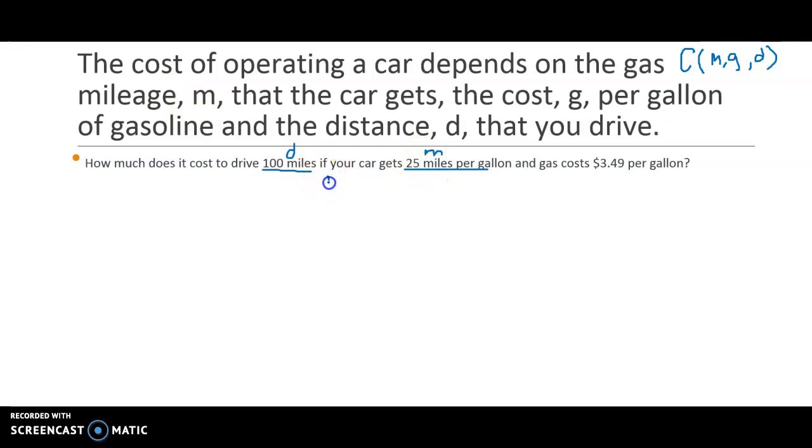So 100 miles divided by 25 miles per gallon means that my car will need 4 gallons of gas. And then each gallon of gas is going to cost $3.49, so I'm going to multiply that by $3.49.